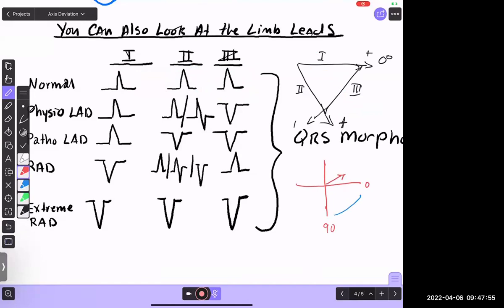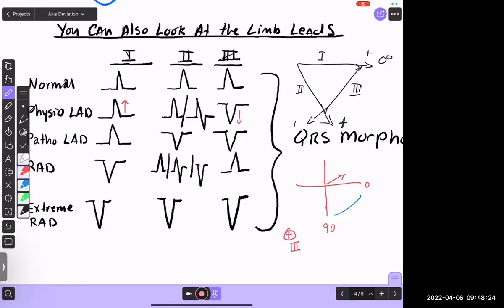And what's going to happen with physiological left axis deviation is that lead 3 is looking in this direction, with its positive electrode down here, so you're going to begin shifting away from lead 3. You're going to get downward deflection in lead 3, but you're still going to have upward deflection in lead 2.